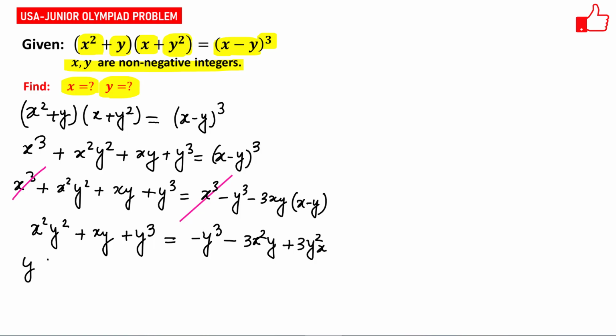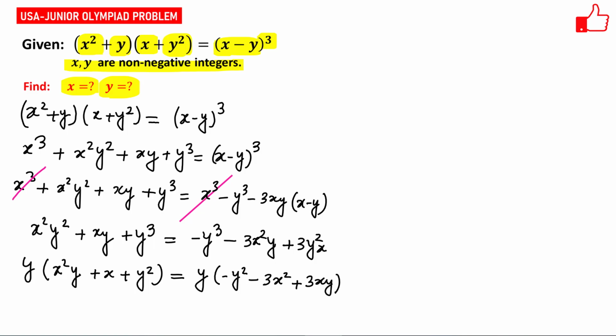If I take y common on the left-hand side, I will have y(x²y + x + y²), and this side I will have, if I take y common, y(−y² − 3x² + 3xy). Now I can cancel y because y is not equal to 0, because it is given that x and y are non-negative integers.